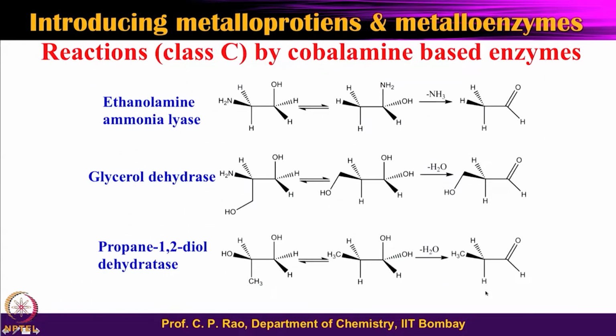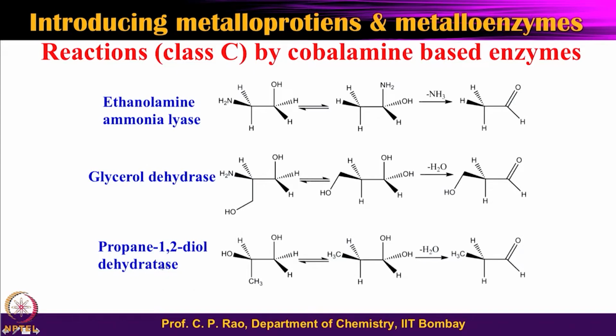And then you have class 3 type, class C type, where after the 1,2 hydride shift, there is an elimination of water or ammonia. Look at glycerol dehydratase: this will become the 1,2 shift, that will go into 2 hydroxyl groups on the same carbon, which is called gem-dihydroxy, and we know very well from organic chemistry, this kind of situation most often leads to the elimination of water and then gives this one obviously.